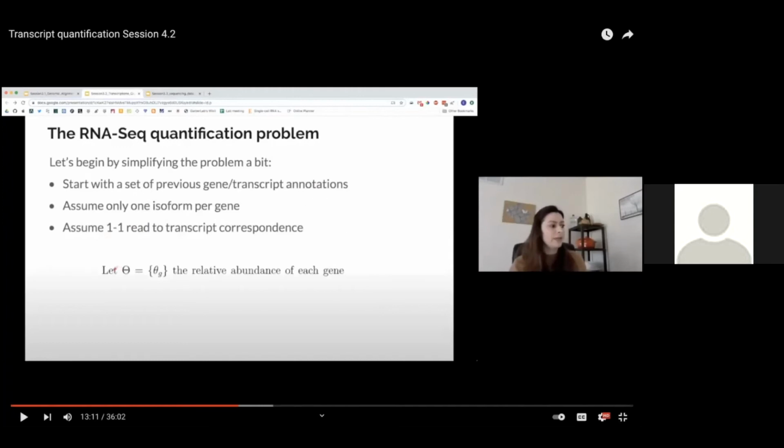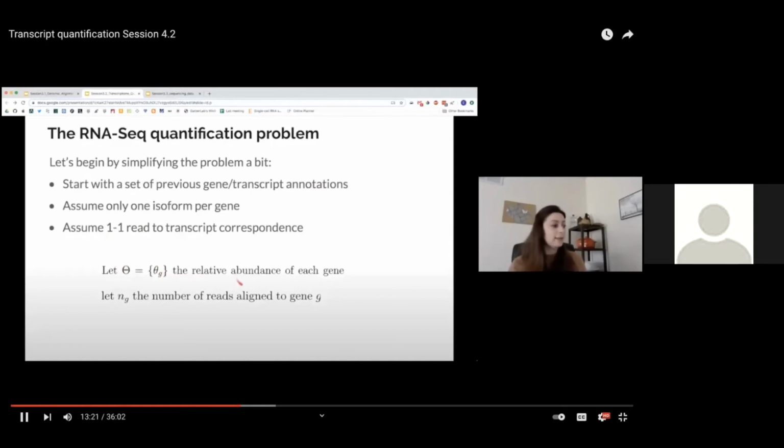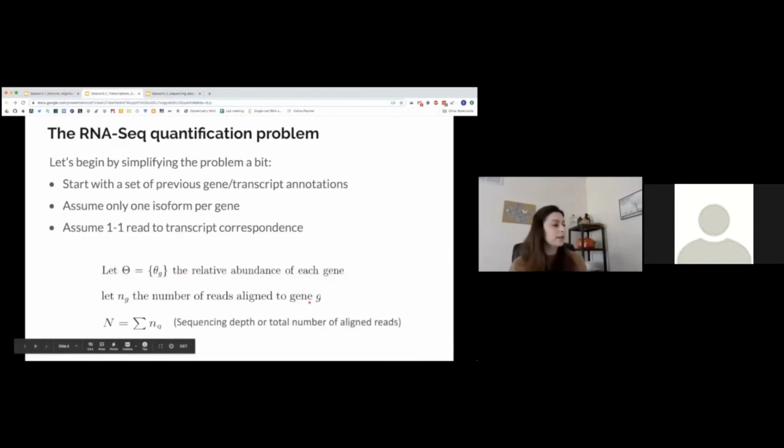So we have theta of G, which is the relative abundance of each gene. We have lowercase n, which is the number of reads that align to gene G. And lastly, we have capital N, which is the sum of all the lowercase n's for each gene. This would be your sequencing depth, or more specifically, the total number of aligned reads that you got in your library.